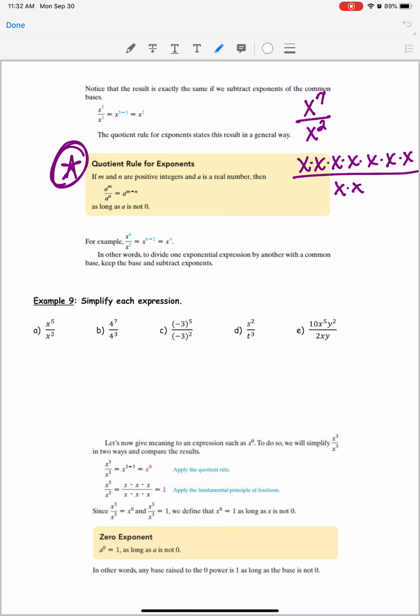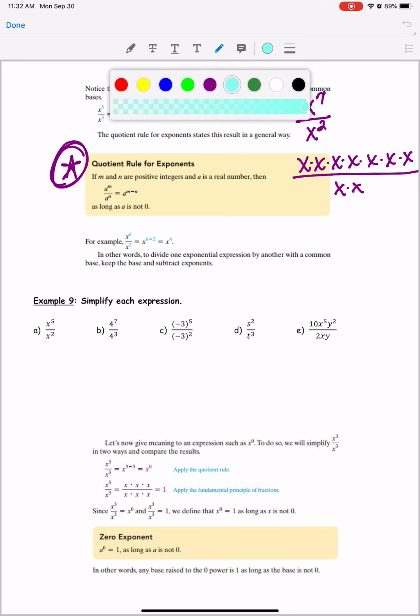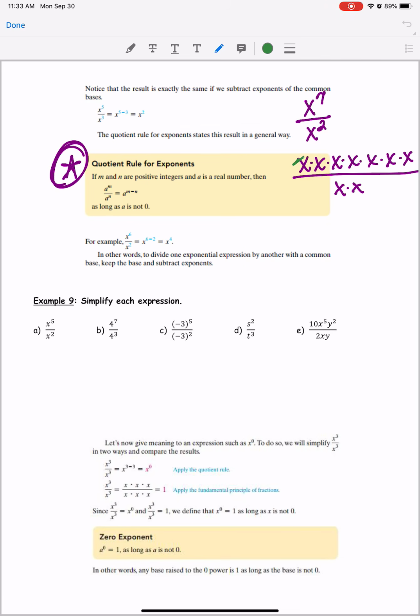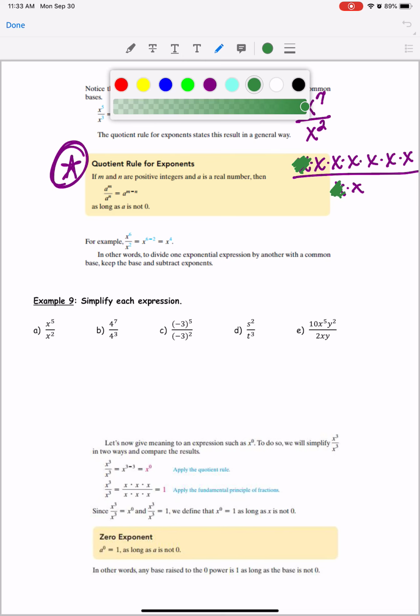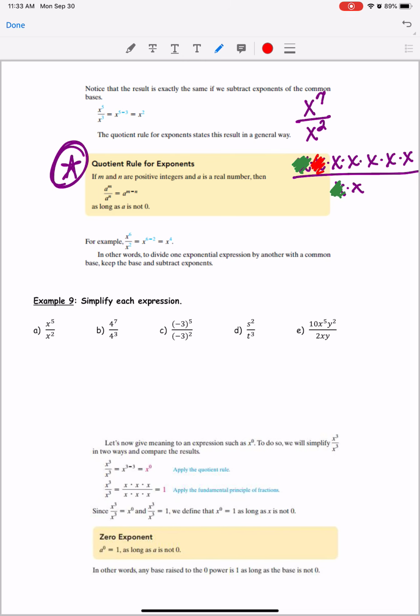When you cancel these out now, think of your fraction rules. 1x on the top and 1x on the bottom cancel each other out. 1x on the top and 1x on the bottom cancel each other out again. So now I am left with 1, 2, 3, 4, 5 different x's on the top.